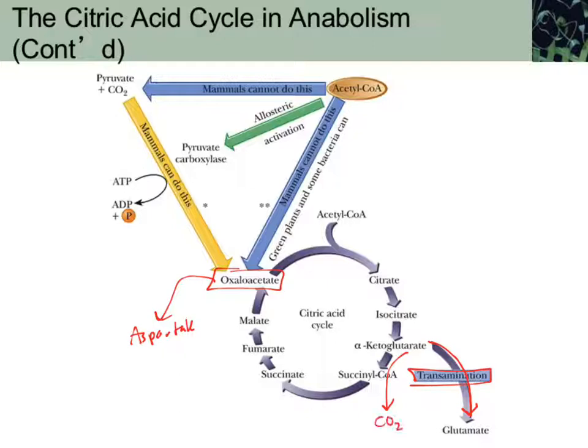It's CO2. We lose a carbon. When we lose that carbon, what was our difference between glutamate and aspartate? It's one carbon. That's why when we do the transamination at those different points, we get different amino acids, because we've lost a CO2.